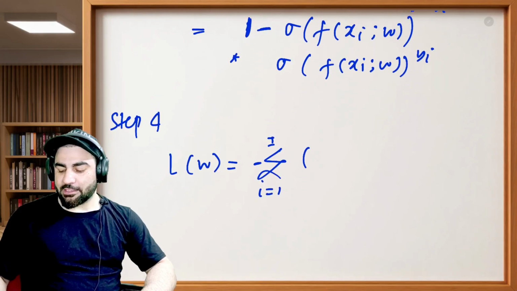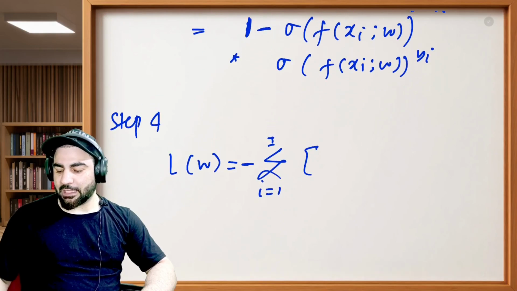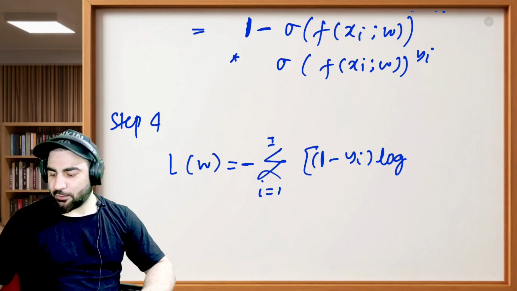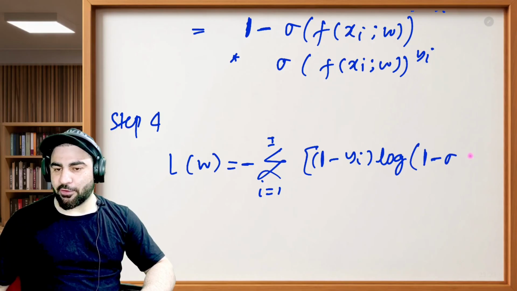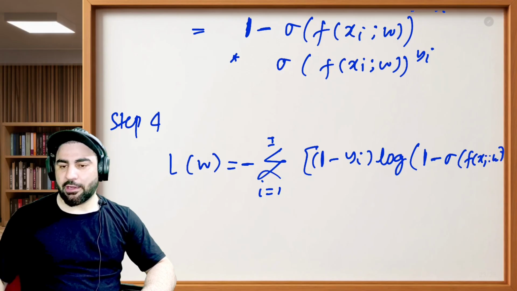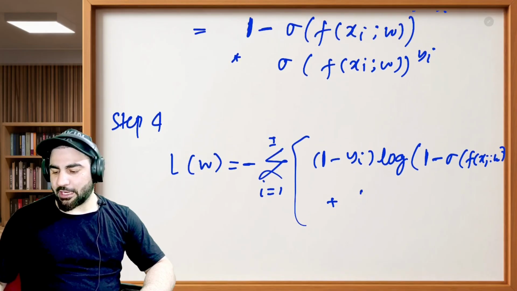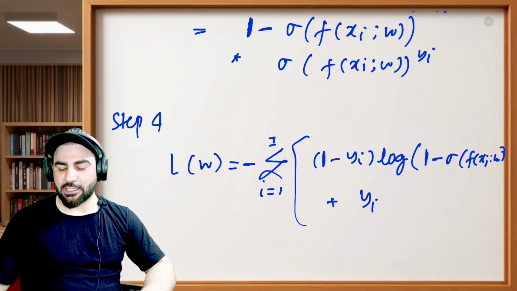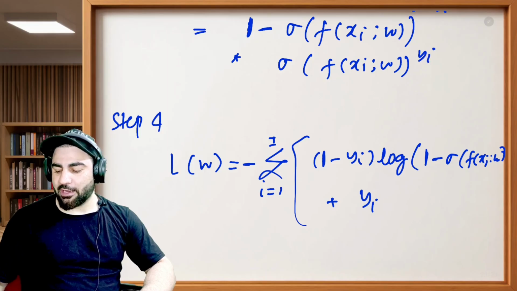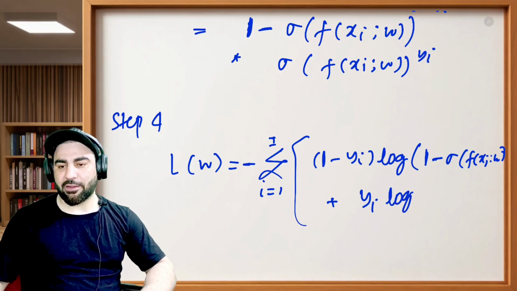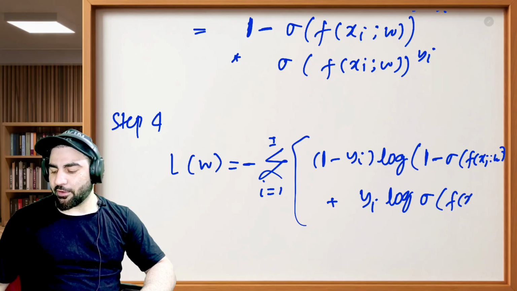So you will be left with the summation of 1 minus yi times log of 1 minus sigma of f of xi, w, with the whole braces, plus the second term, yi, times log of sigma of f of xi, w. This is negative log likelihood, and this will be closed.